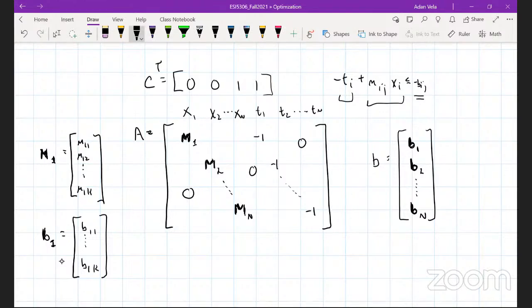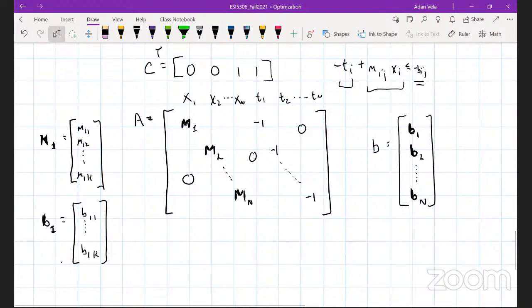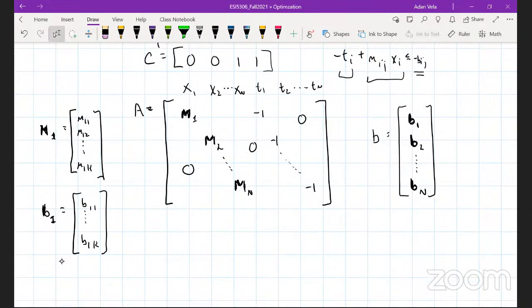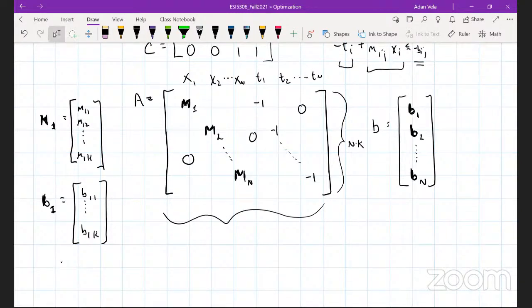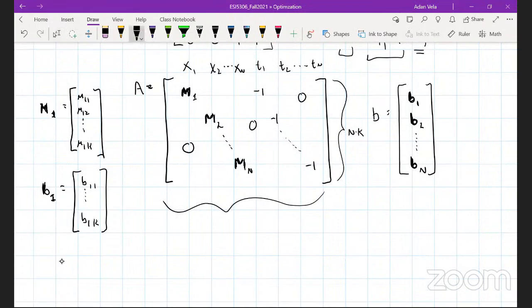So it's a nice little structure that we get. If you want to get a sense of the dimensions, if we have n decision variables, each with k tangent lines, then the number of rows will be n times k. In terms of the number of columns, it just corresponds to our number of decision variables. So if each decision variable has its own objective function that's separable, then we would have 2n columns.